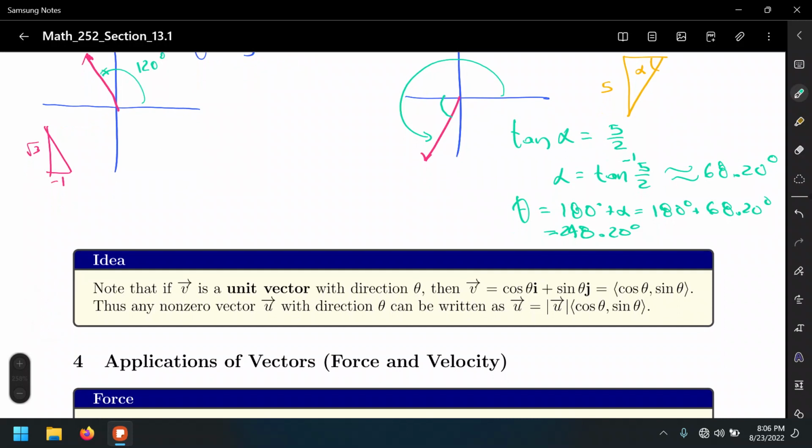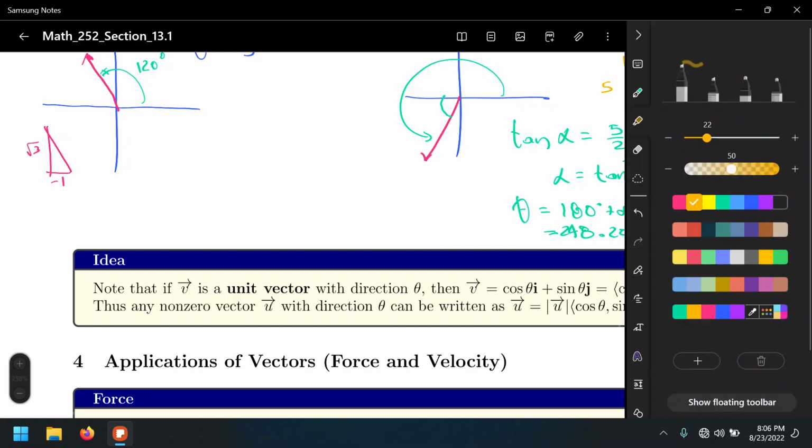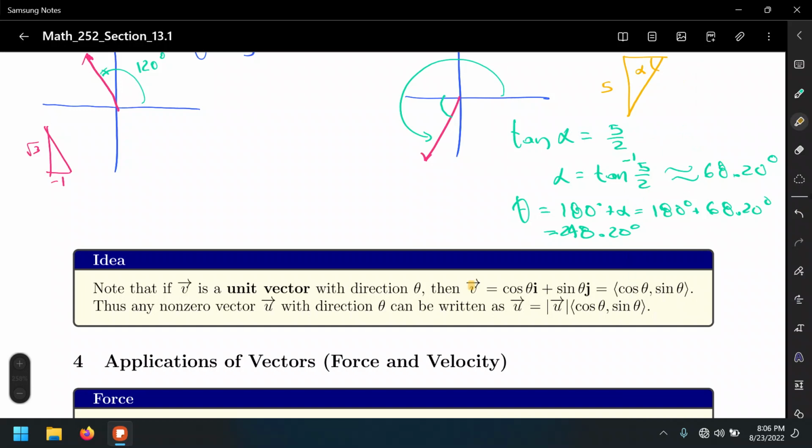All right, so an alternative way to express a unit vector is in terms of its components, by representing its components in terms of its angle. If you look at this expression right here, you may find a similarity with the basic trigonometry that you have been doing all your life.